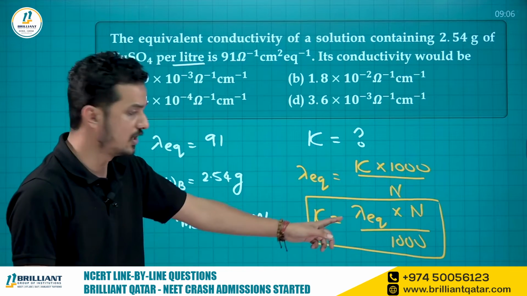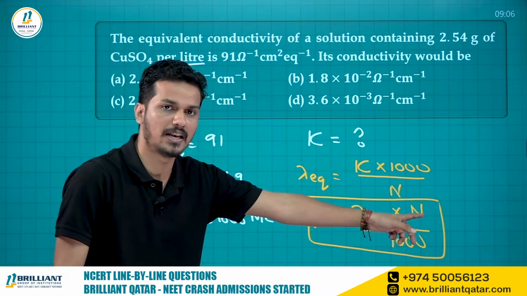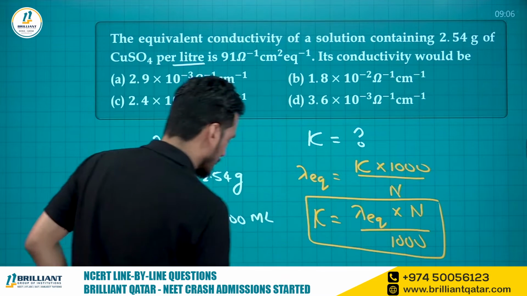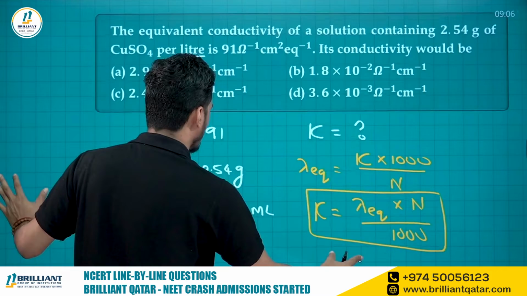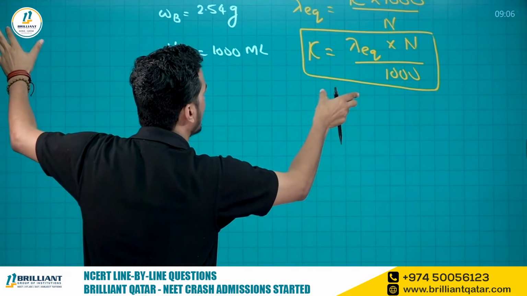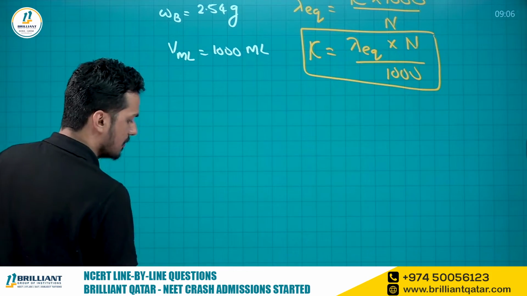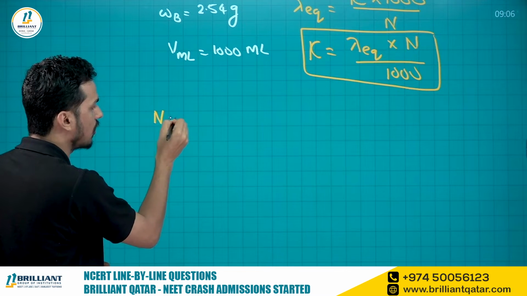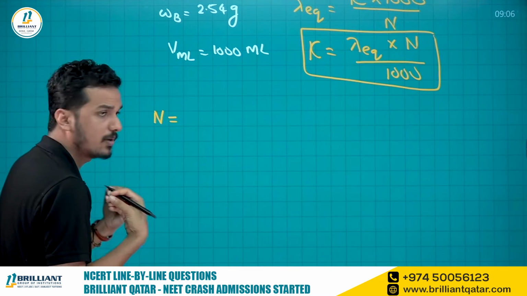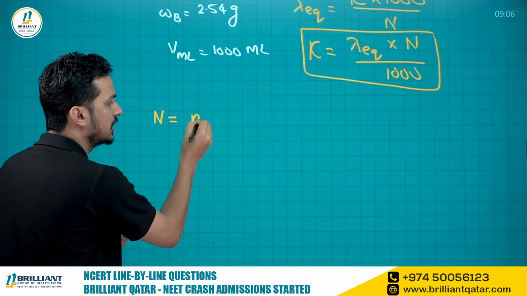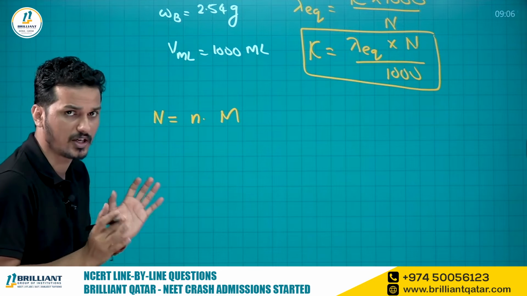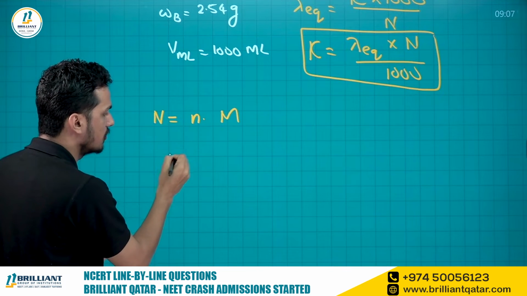Here lambda EQ we know, but we don't know the normality, so we can find it out. What's the formula for finding normality? Listen carefully, guys. I am going to calculate the normality. Normality equals N factor into molarity, which we must remember.